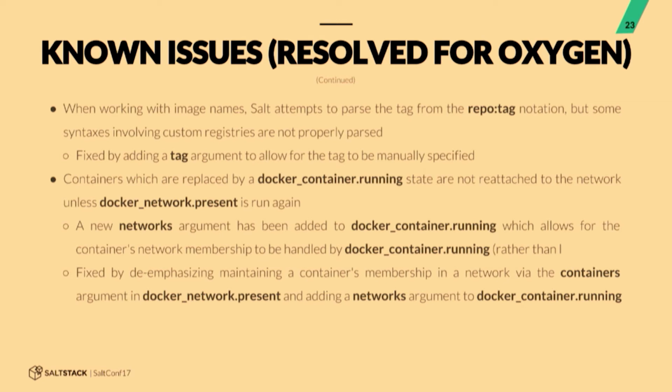So that will be just additional functionality. Again, we won't be removing the old way of specifying a container's membership in a network. You'll still be able to do that in the docker_network.present state, but it's not going to be the recommended way of doing it, starting with the Oxygen release.